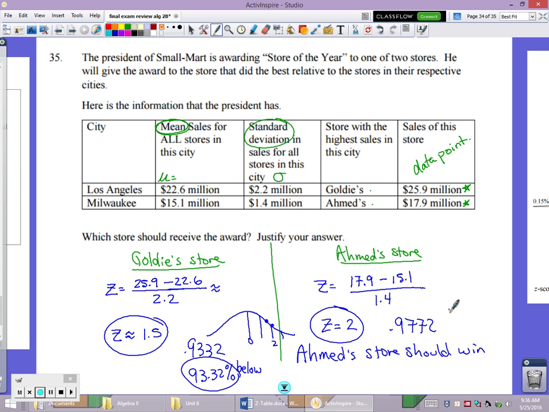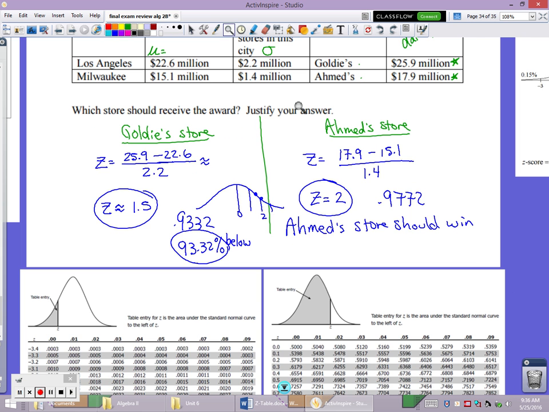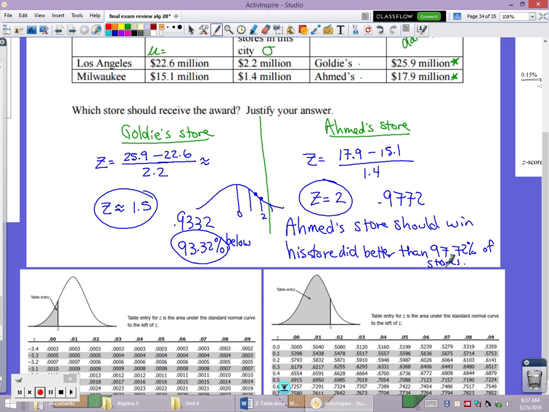I think this would be a better statement to say: Ahmed's store did better than 97.72% of the stores. All right, wonderful. And then I think the next page has a very, very similar type of problem. So let's try that one.